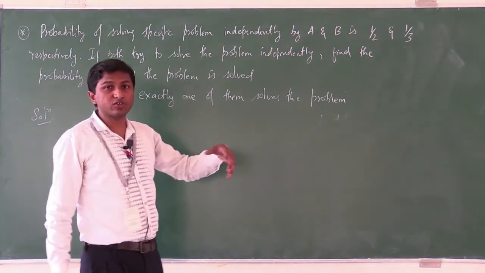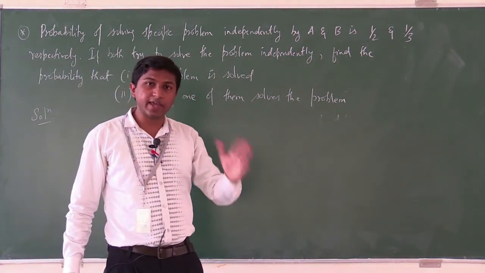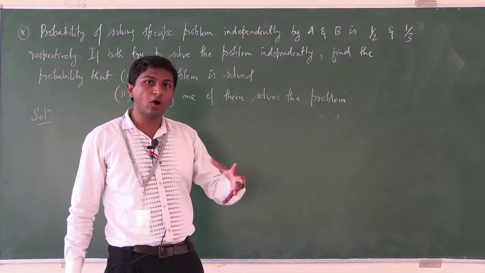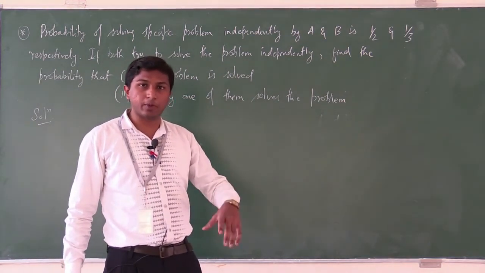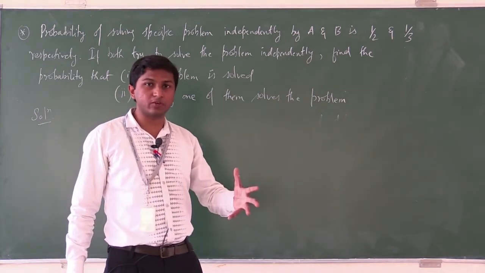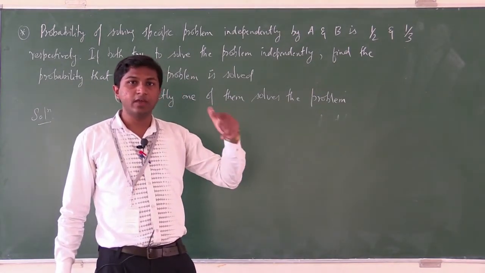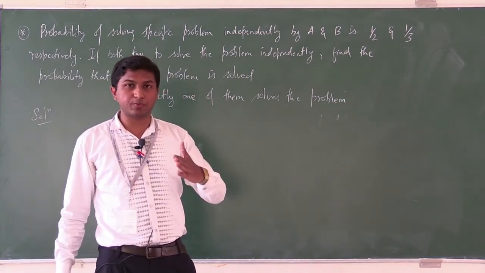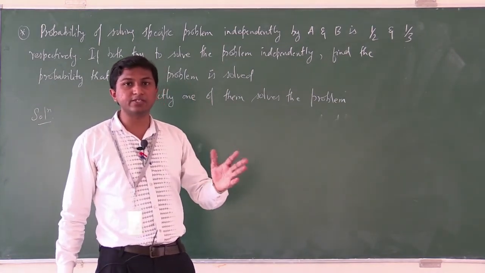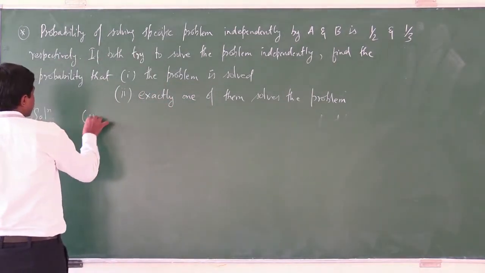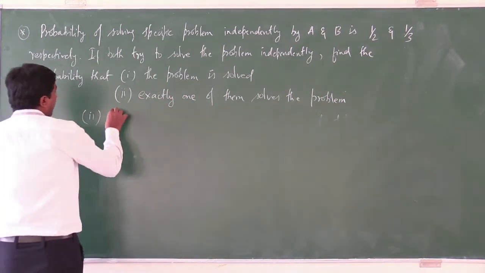Exactly one of them solves the problem means either A has to solve the problem, B should not be solving the problem, or B solves the problem, A should not be solving the problem. How have we defined the events E and F? E is A solves the problem, F is B solves the problem. So I will write like this. This is sub-question number 2.